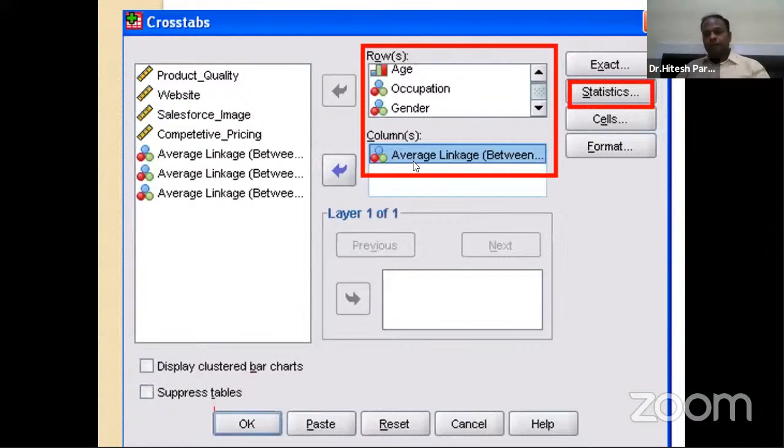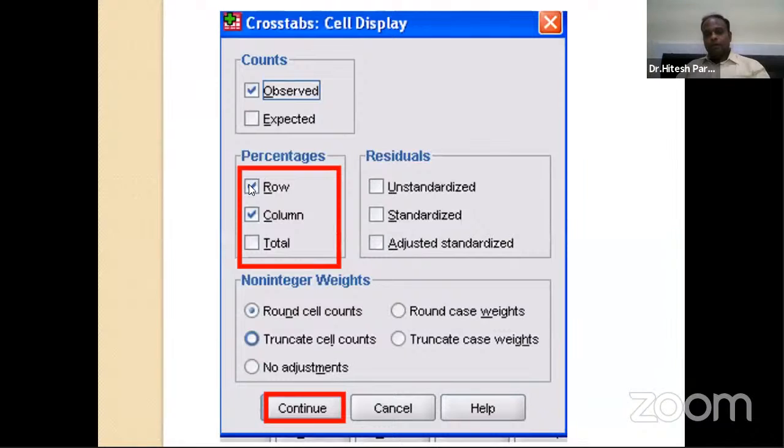As a column variable, average linkage between 2_1 cluster, the two cluster solution. Then you need to click on statistics. We require row percentage and column percentage, and continue.